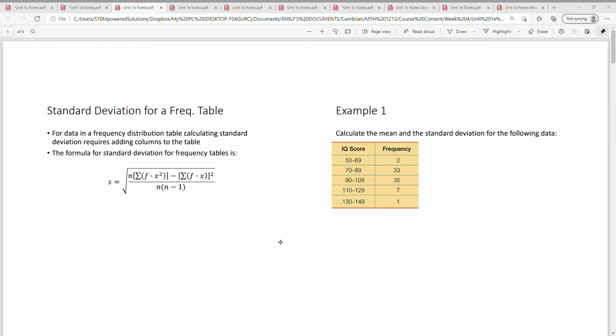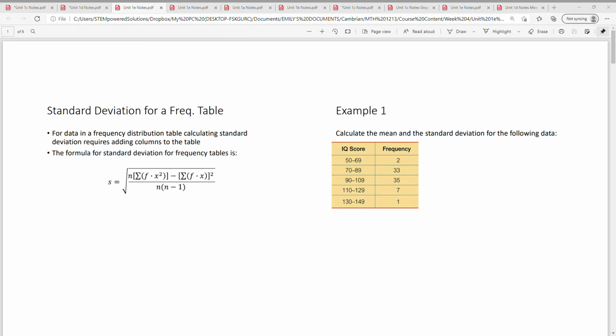So now I have my frequencies and I have my x squared. The next column we can find, and I'm going to put this in italics, is fx squared.